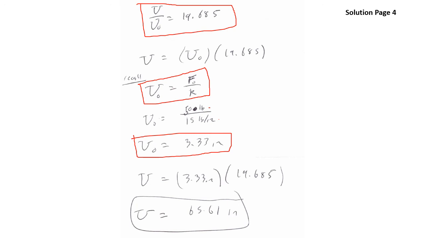If I have my U naught and I want to solve for U, I can then rearrange this top equation down into this one here and plug in for my U naught with this value right there. And what we end up with now is U is equal to 3.33 times my 19.685. So U is equal to 65.61 inches. That's my final answer for my amplitude.